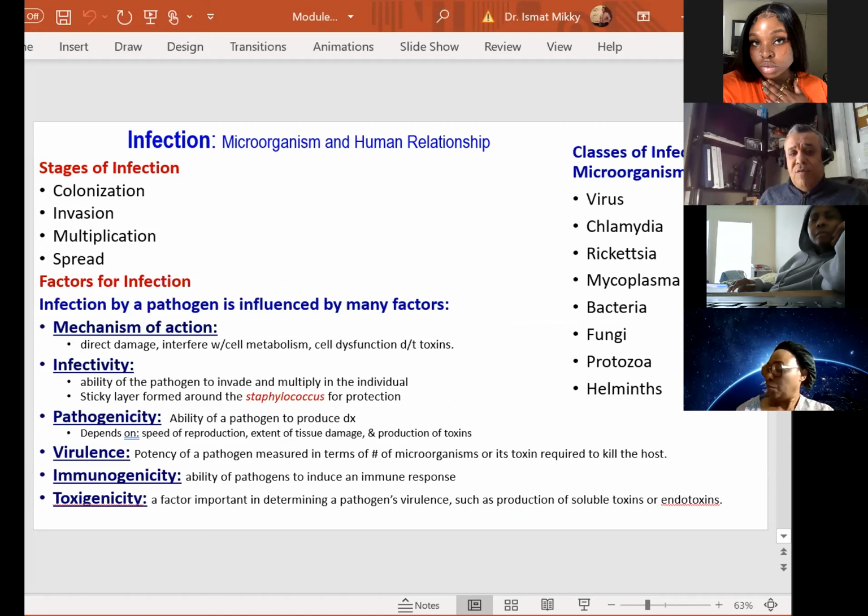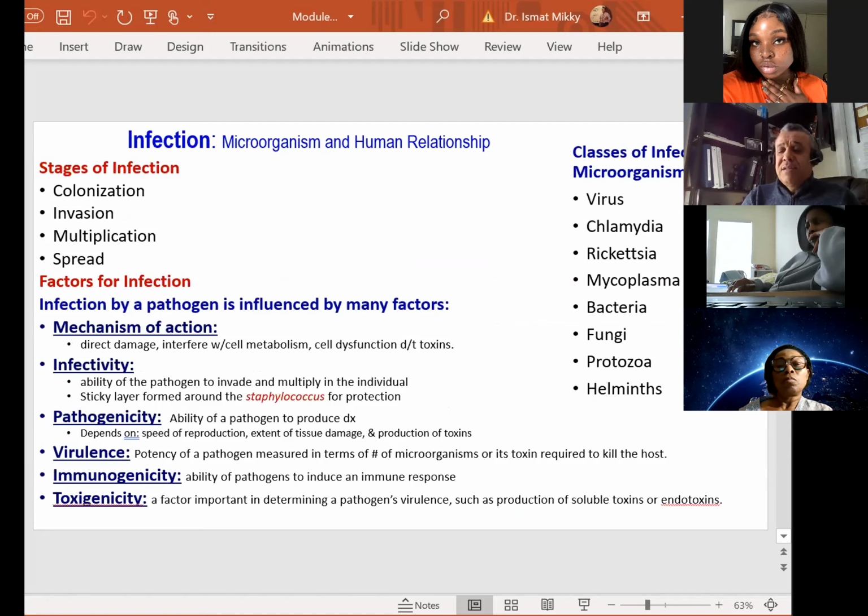The stages of infection that would apply to most infections are colonization, invasion, multiplication, and then the spread. And that applies to almost all microorganisms, from viruses down to protozoa, fungal infections, bacterial, all of them.